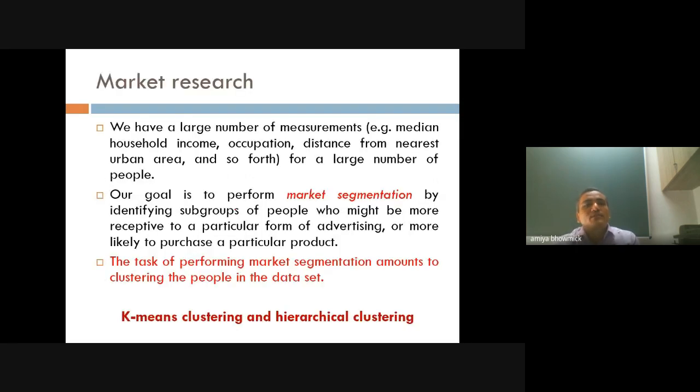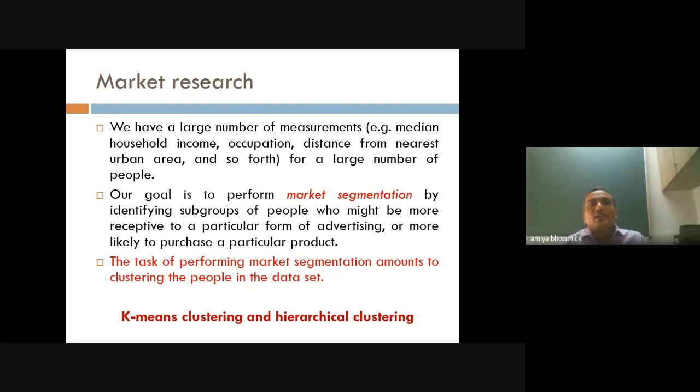One of the common examples of clustering comes from market research. Suppose that we have a large number of measurements, say median household income, occupation, distance from the nearest urban area, and so forth, for a large number of people. Our goal is to perform market segmentation by identifying different subgroups of people who might be more receptive to a particular form of advertising.